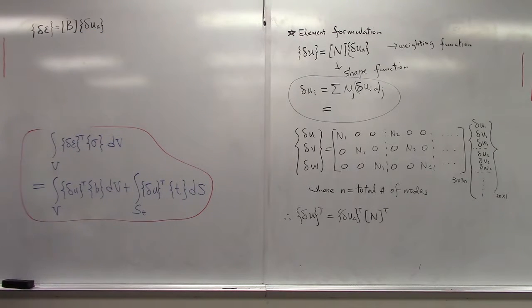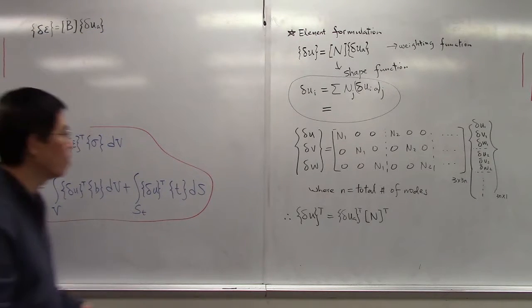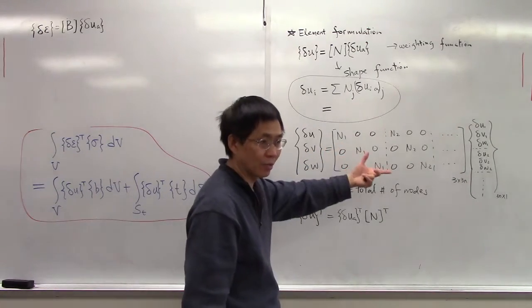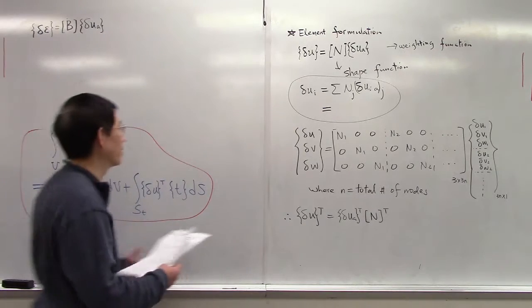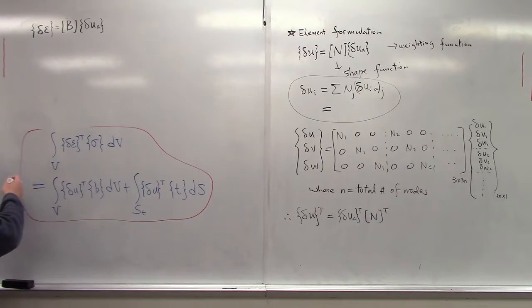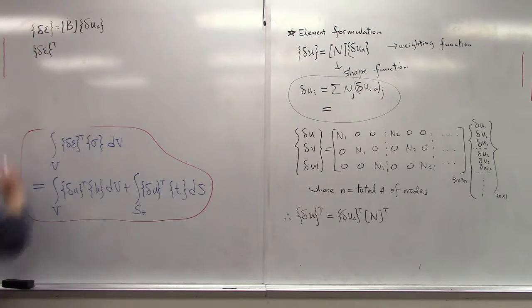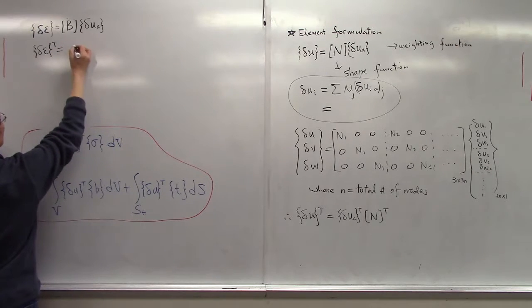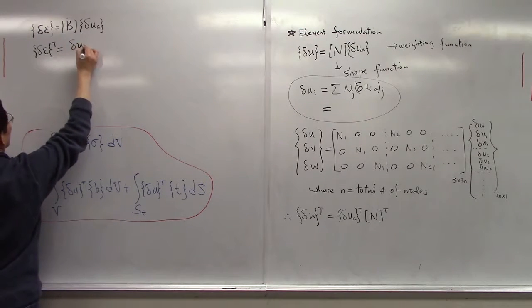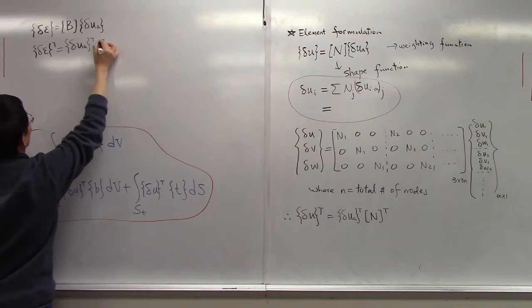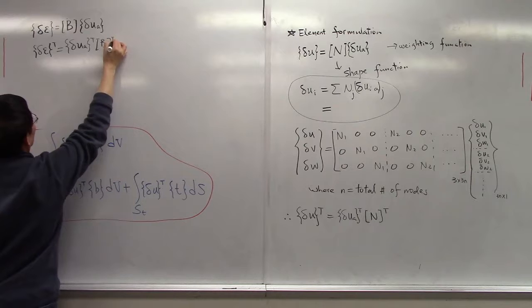The B matrix involves the derivative of those things with respect to the corresponding xi. We derived that last time. Therefore, the transpose of the strain vector, because we need it here, again, these will be transposed. Delta UA transpose, and the B matrix is also transposed.